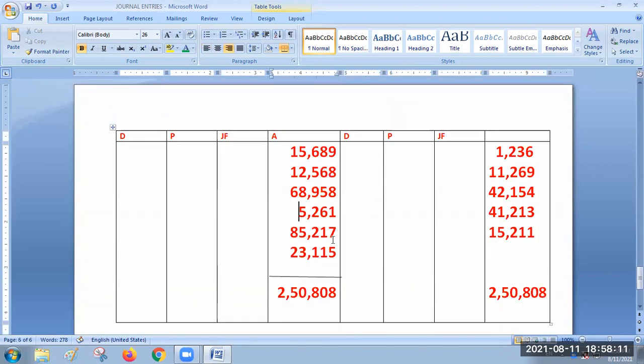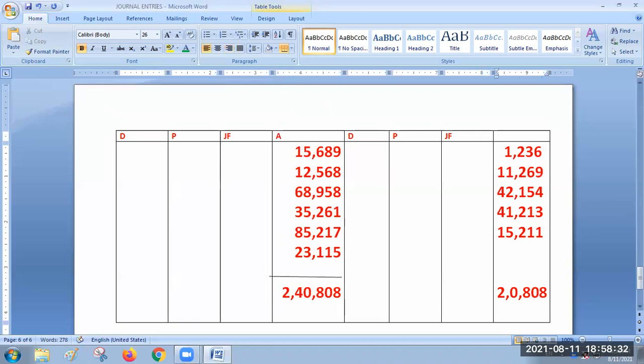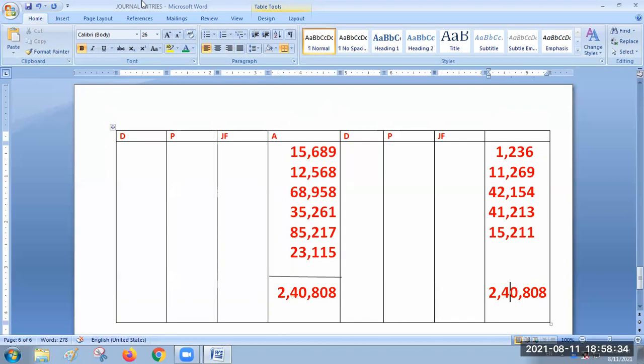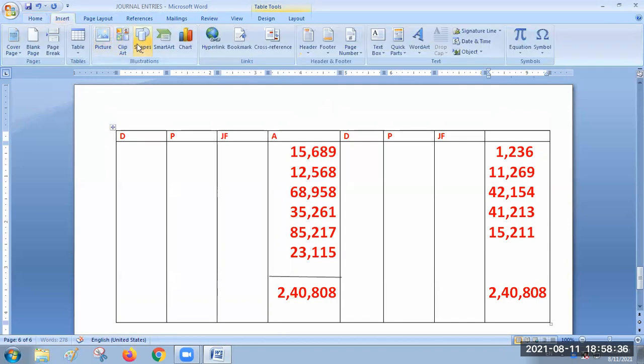Okay, I will change. So it will be 240,808. Am I correct? Yes, sir. Okay, right. Now you balance it out and you tell me the amount.